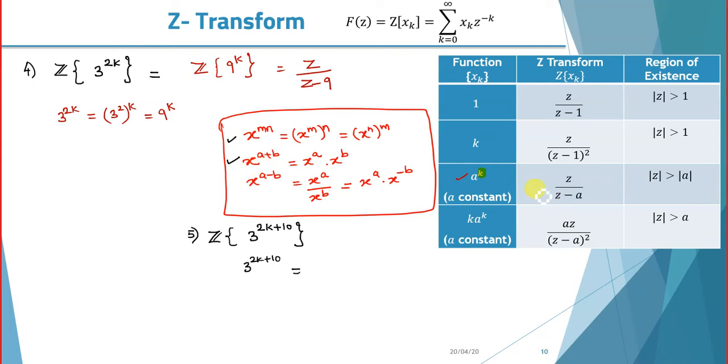As it is plus, none of the rules apply with plus, so you have to separate them by using this rule: 3 power 2k times 3 power 10. Okay, 3 power 10, keep it the same, not a problem. Then again 2k will be a problem, so write it as 9 power k times 3 power 10. Then substitute this value here. This gives you Z transform of 3 power 2k plus 10 as Z transform of 9 power k times 3 power 10.